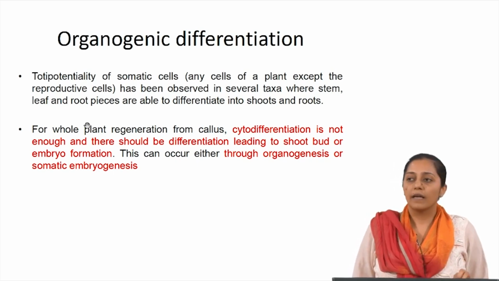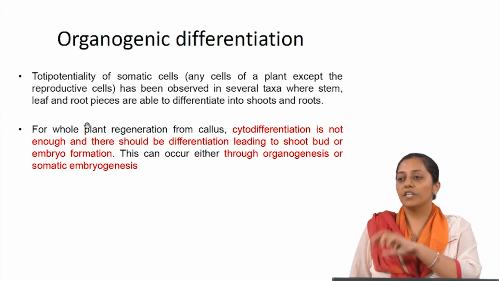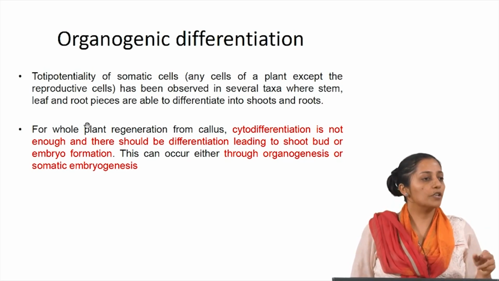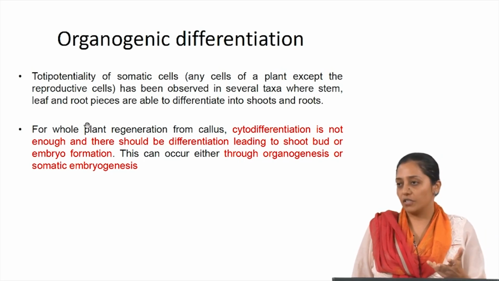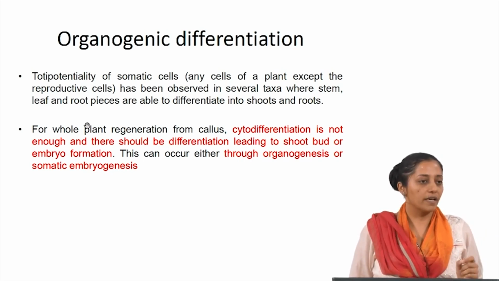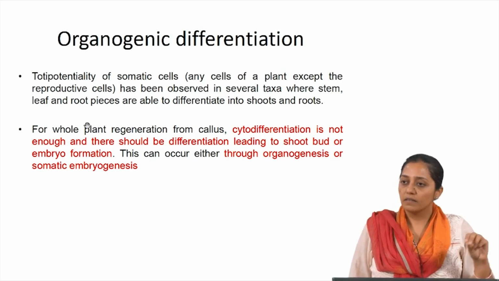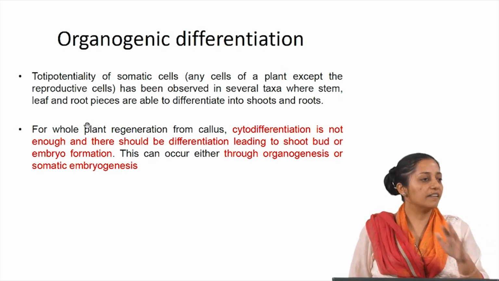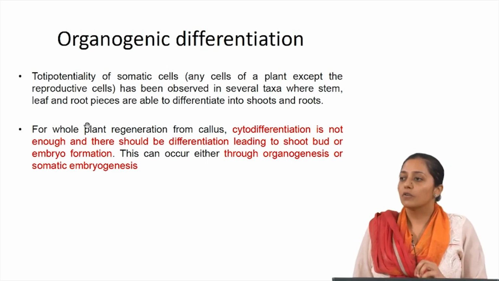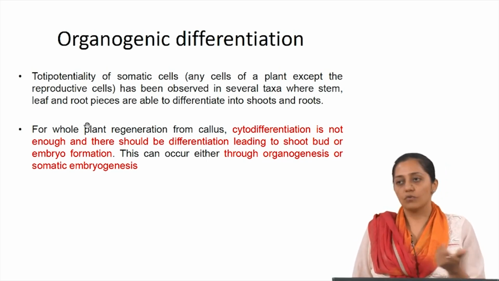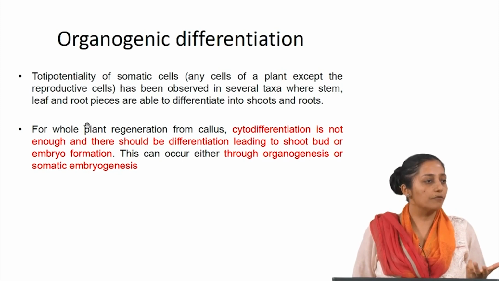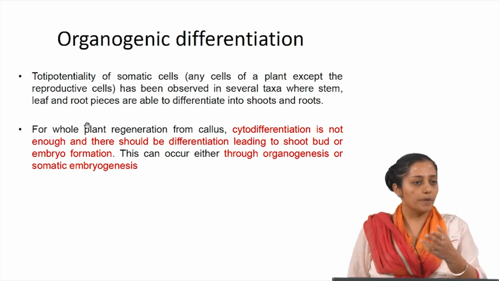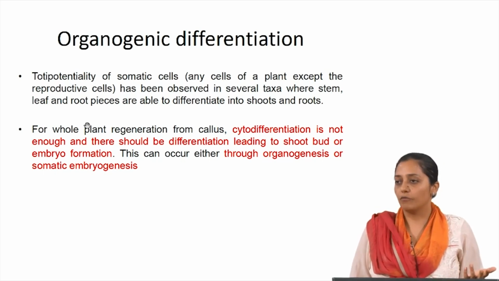Then, in order to regenerate into a whole plant, there has to be shoot bud formation, or primordium. If the shoot bud primordium forms directly, then it is direct regeneration, or somatic embryos are formed through somatic cells. If somatic embryos are formed, then subsequent development of bipolar structures, shoot primordium and root primordium, will form.